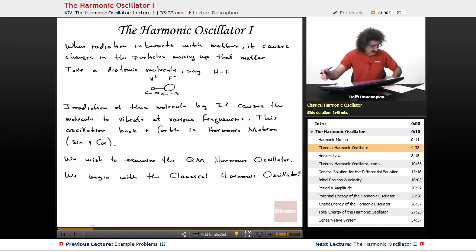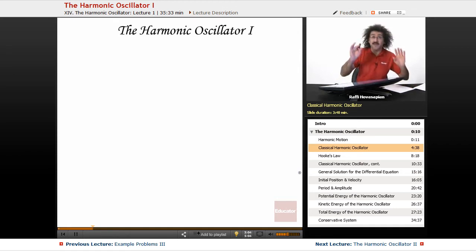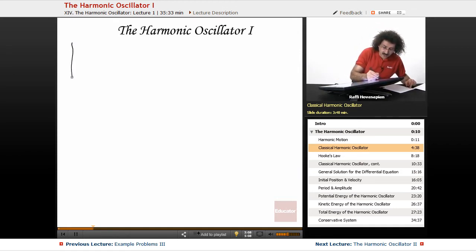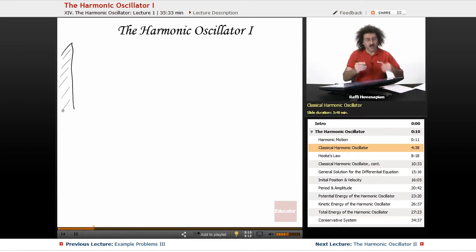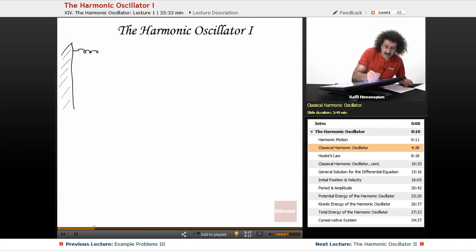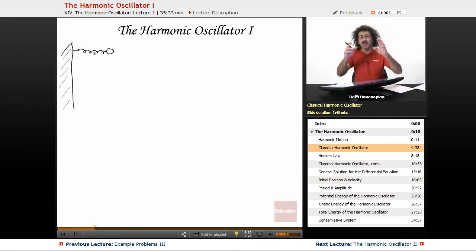Let's start on a new page. Consider the following system. We have a setup like this, and this is a wall. We're going to fix one end, and we're going to have a spring with a mass on it, just a spring in its normal, unstretched, uncompressed state, what we call the equilibrium length of the spring.